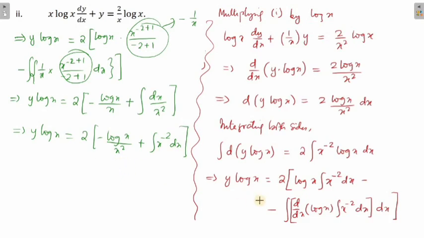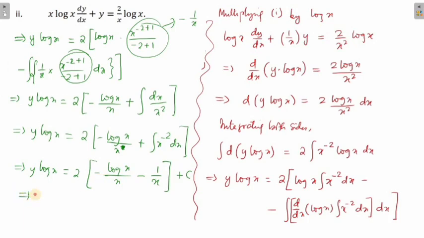Now again, you know x to the power minus 2 dx is how much? So y log x is equals to 2, minus log x by, this is just x, I'm sorry, this is just x. Now again you know that this is minus 1 by x. If you want to bring something common out here, that can be done.